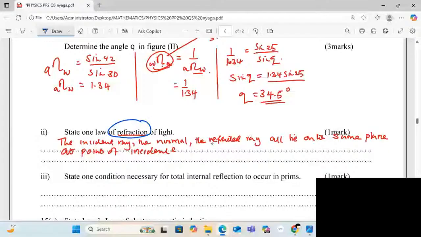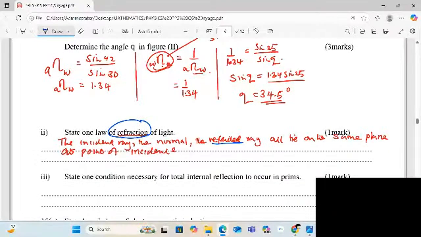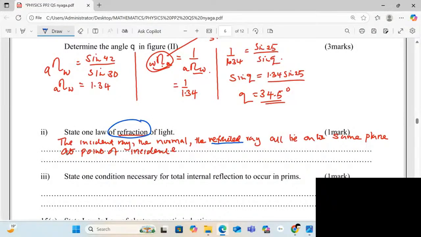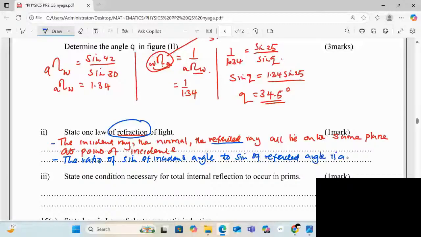And then the last one is that the ratio of sine of incident angle to sine of refracted angle is a constant.